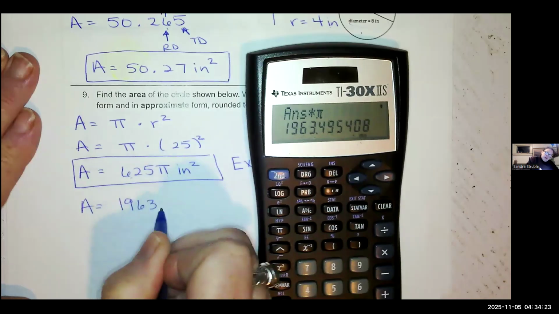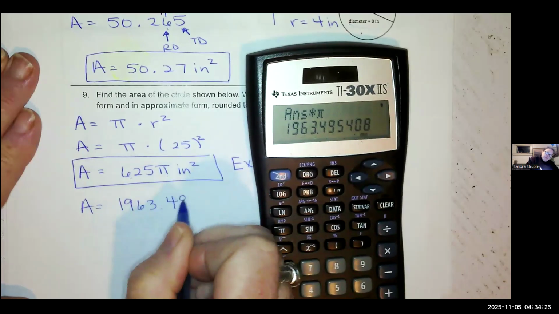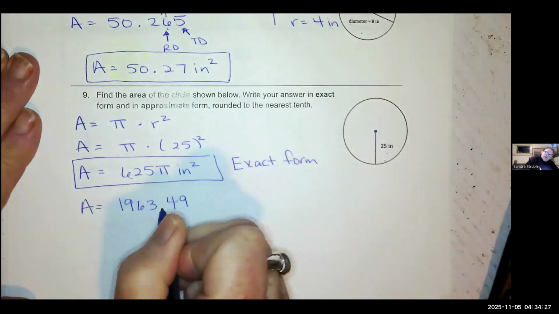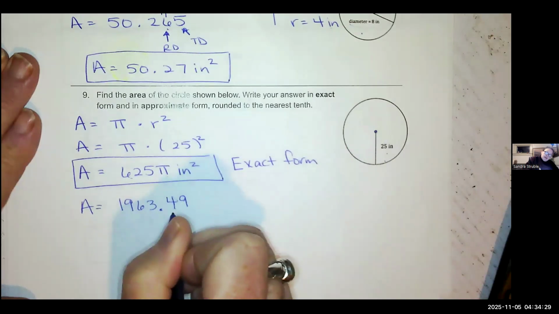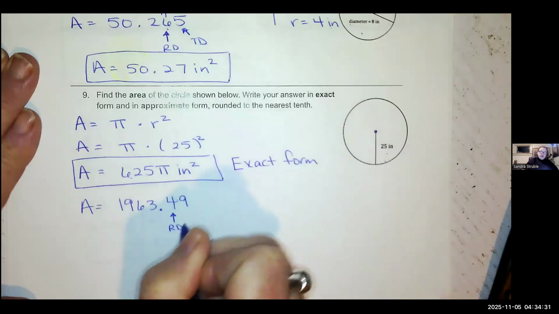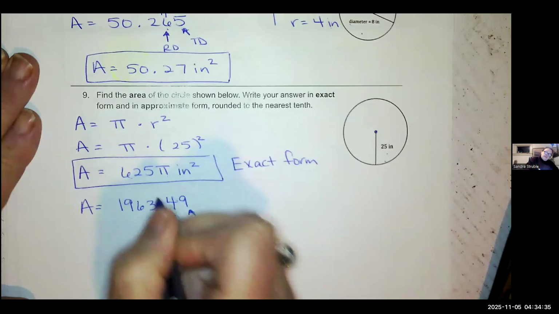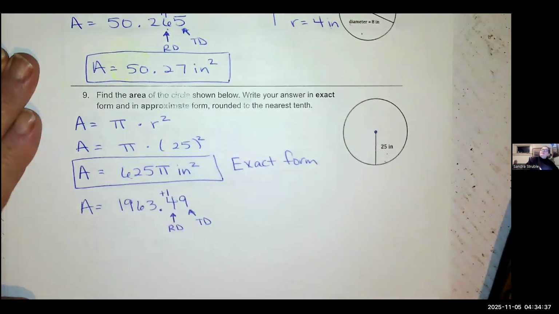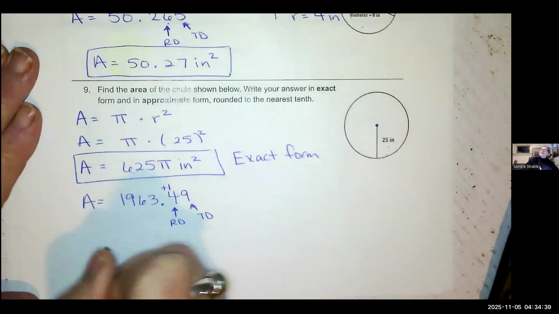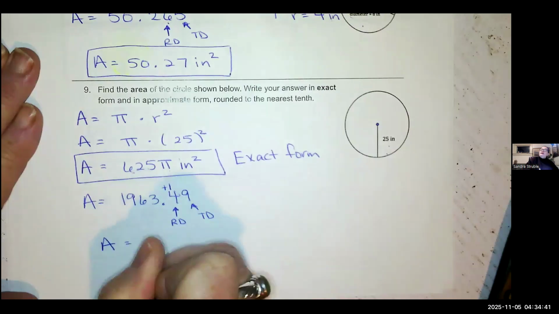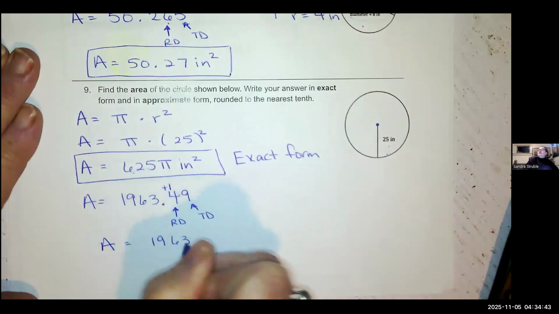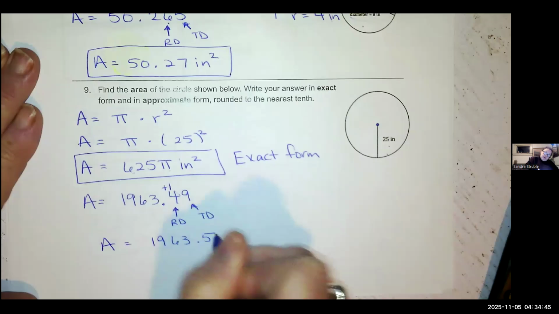I needed the 9 so that I can use it for my test digit. My rounding digit is 4. My test digit is 9. Because it is greater than 5, I add 1 to my rounding digit, and the area is 1,963 and 5/10 inches squared.